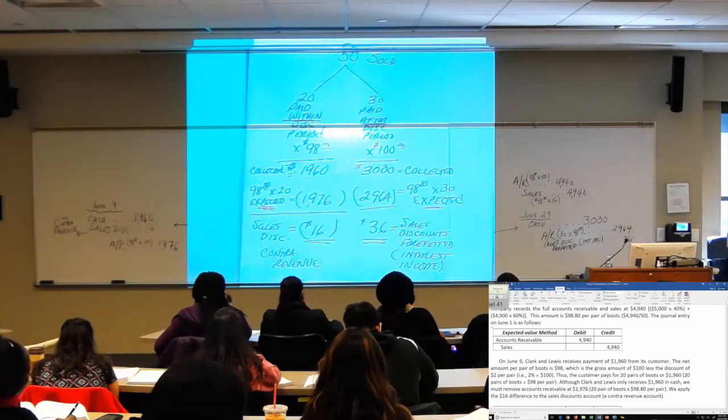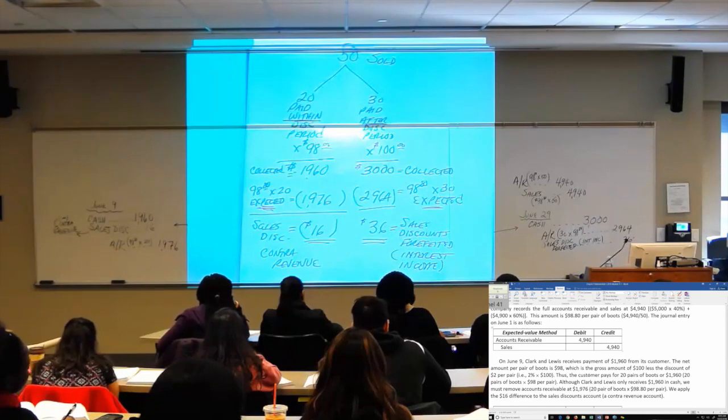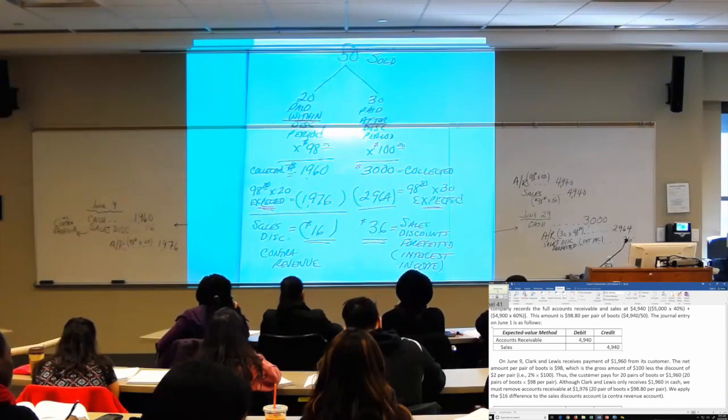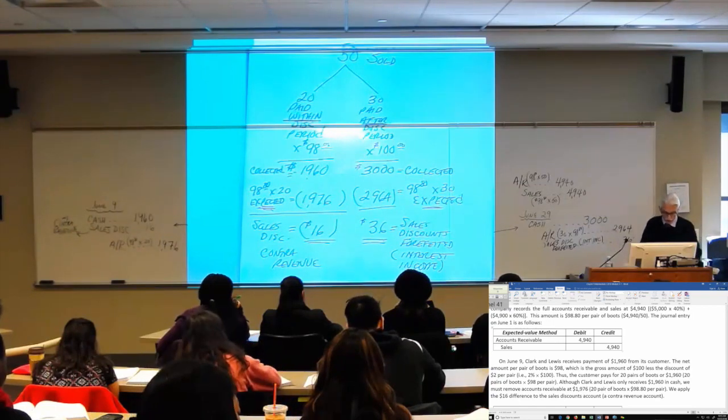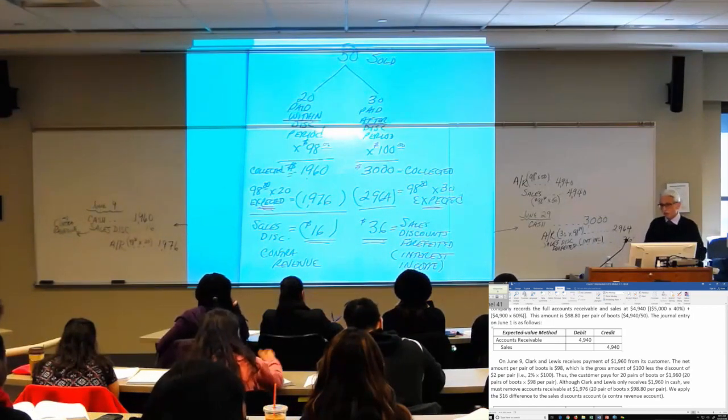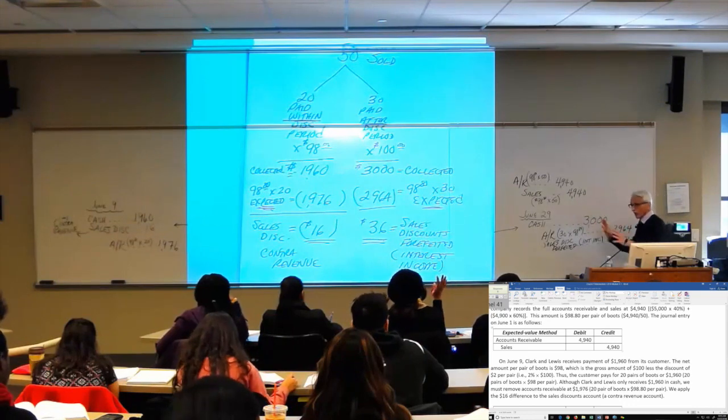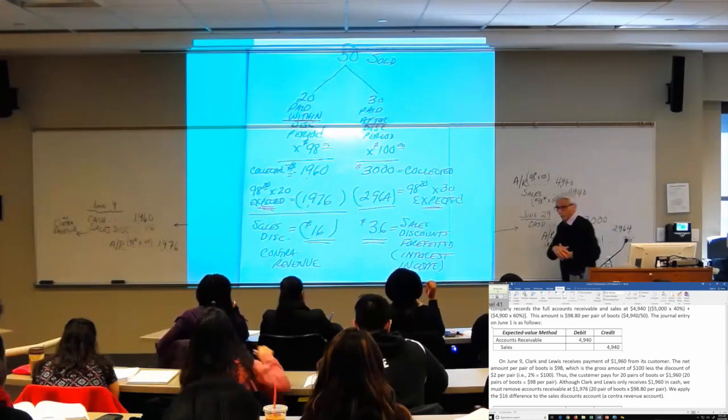All right, so that is the expected value number. That's the expected value. We're going to compare it to the most likely amount approach in a minute, but any questions on this illustration? And all these entries are in the notes, so you can find them on pages 6 and 7. But I just wanted you to see it on the schedule.